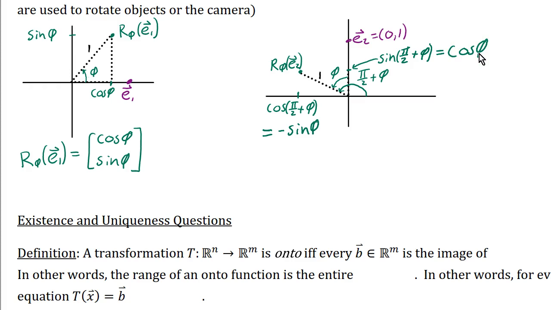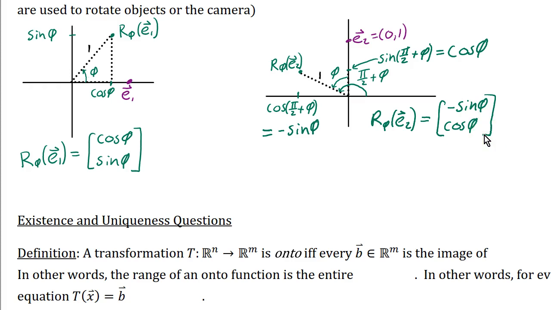So that means we can conclude that r sub phi of E2 has x coordinate negative sine phi and y coordinate cosine of phi.